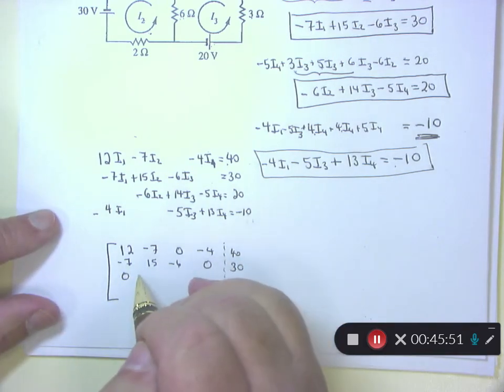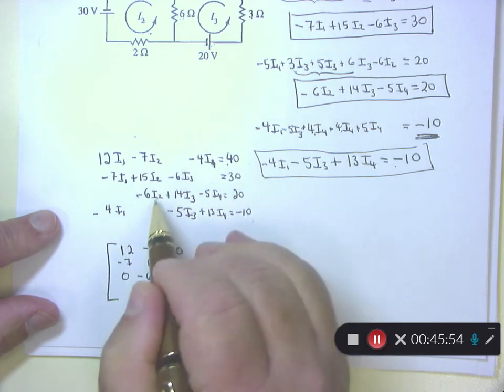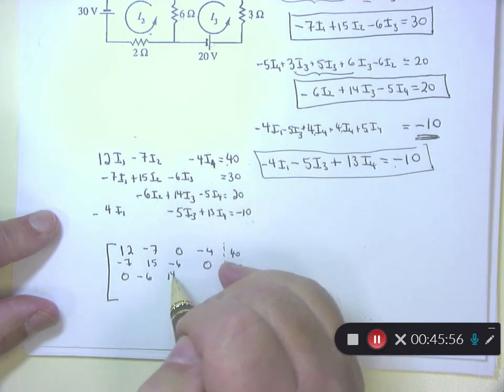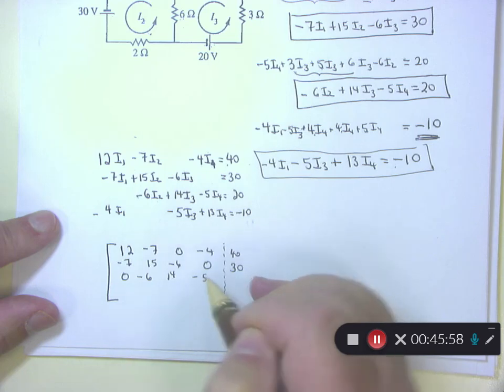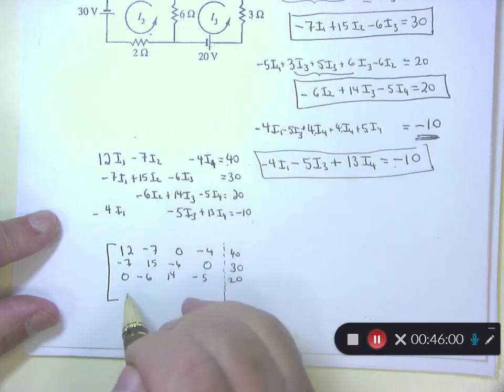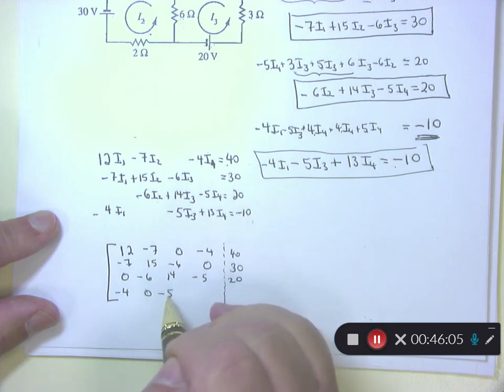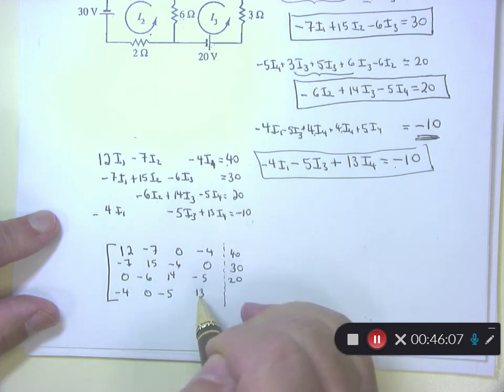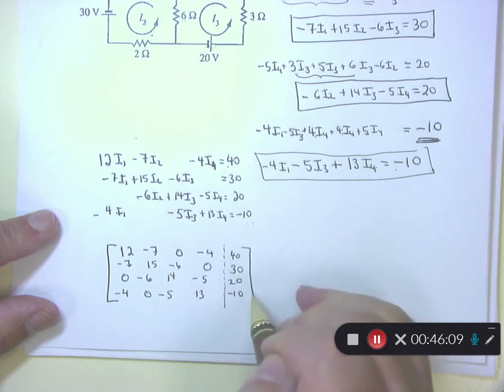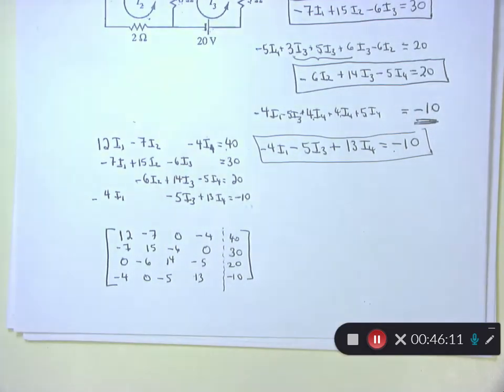Then 0, negative 6, 14, negative 5, 20. And then the last one is negative 4, 0, negative 5, 13, negative 10. Does that make sense?